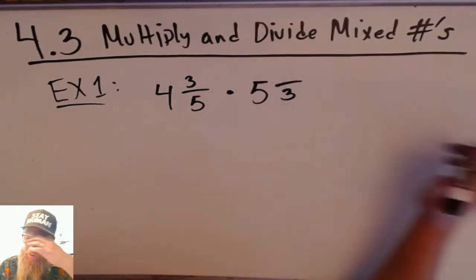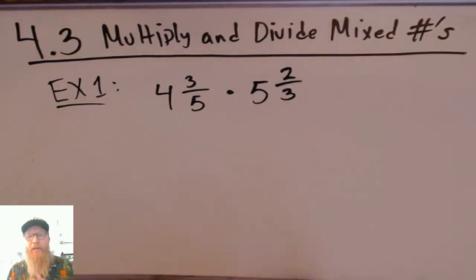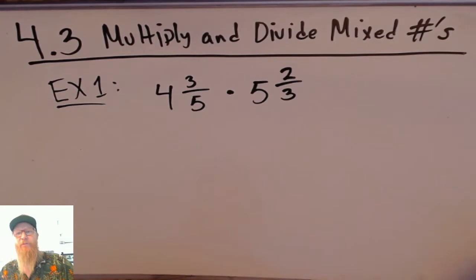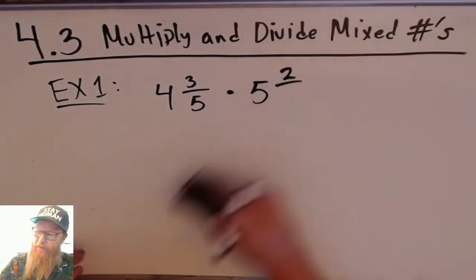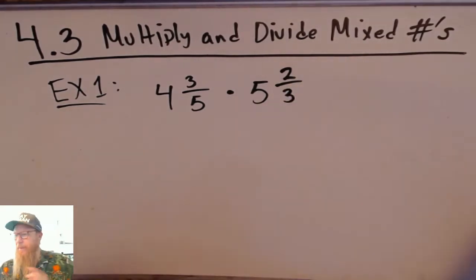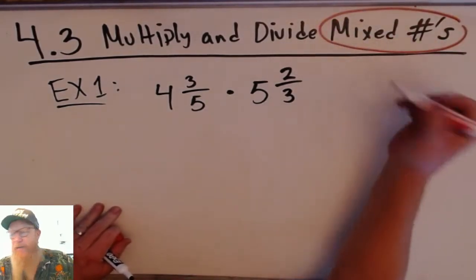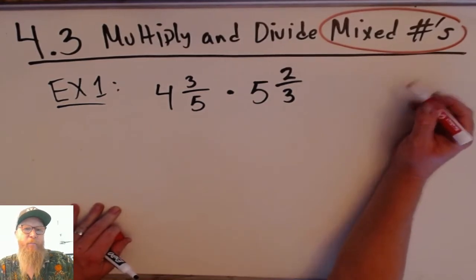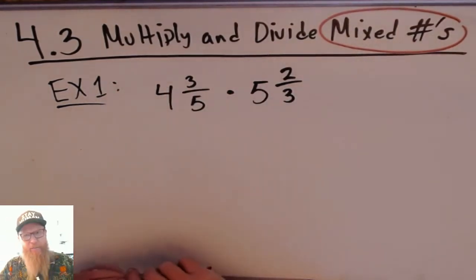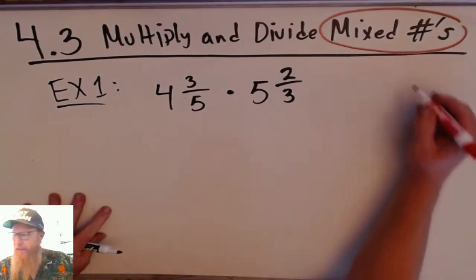So we got 4 3/5 multiplied by 5 2/3. The first thing I want to point out in this section is even though we are calling them mixed numbers, and we're saying multiply, divide the mixed numbers, you're not actually going to do that.